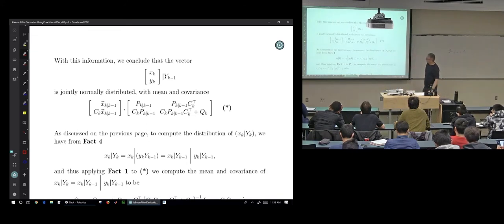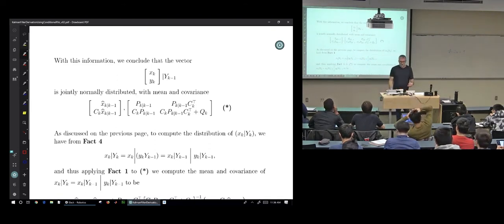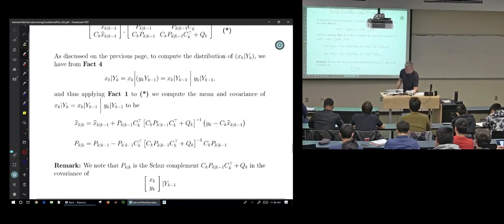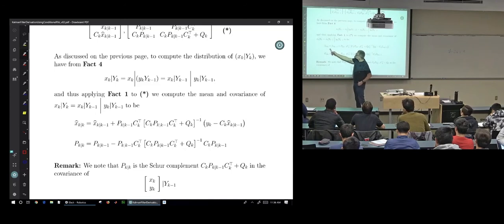And so once you have this, it's the same formula that we applied to solve the MVE. And this is our formula from the minimum variance estimate.